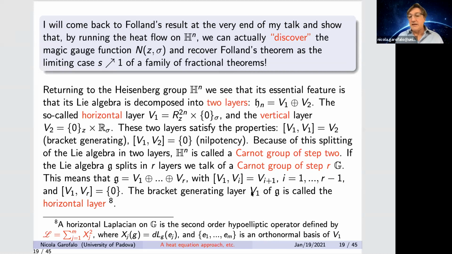And there is always a horizontal layer, which is the first layer in the stratification of the Lie algebra. So these are algebraic assumptions on the Lie algebra that convert into very important differential consequences for the PDE involved.